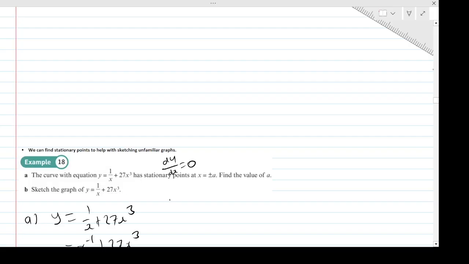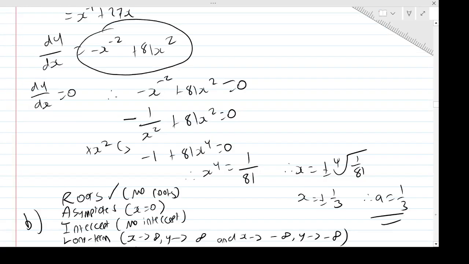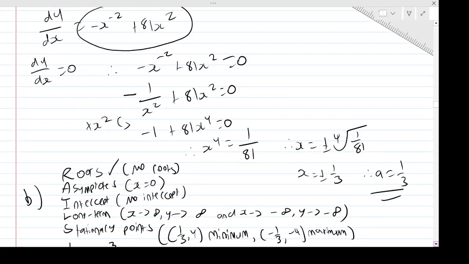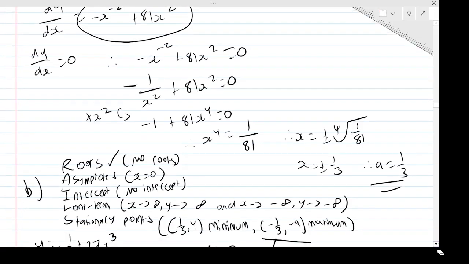Maybe there will be, I don't know, as a final question, but you can now sketch some unfamiliar graphs by considering these 5 properties, which I call RAILS. This is particularly useful if you're doing the MAT or STEP, but for A level, personally, I wouldn't go out of your way to sketch unfamiliar graphs because they can be very difficult.